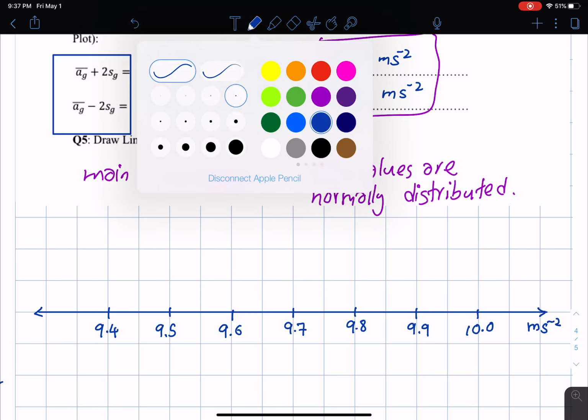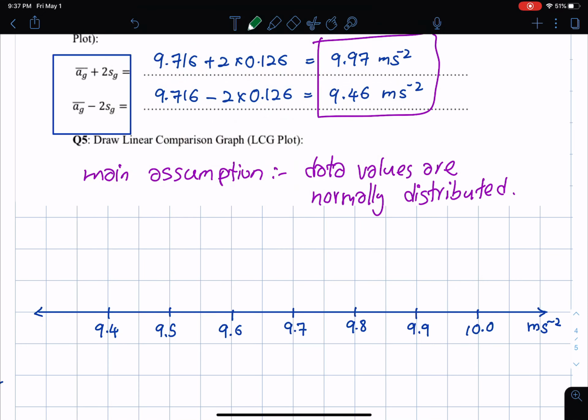Our arithmetic mean is exactly 9.72. So I am going to mark that point here. Mean plus 2 times standard deviation is 9.97. So I am going to mark that point right here.